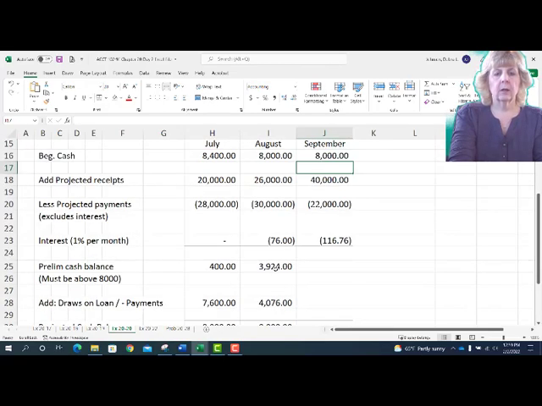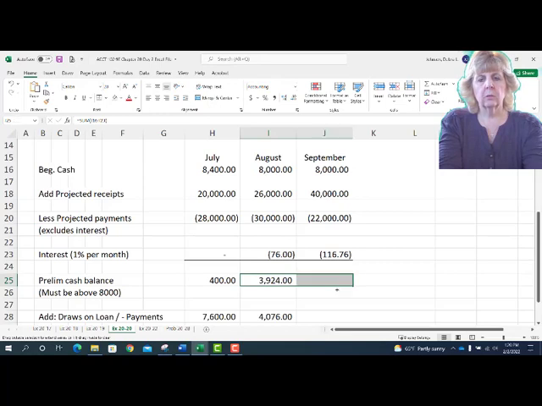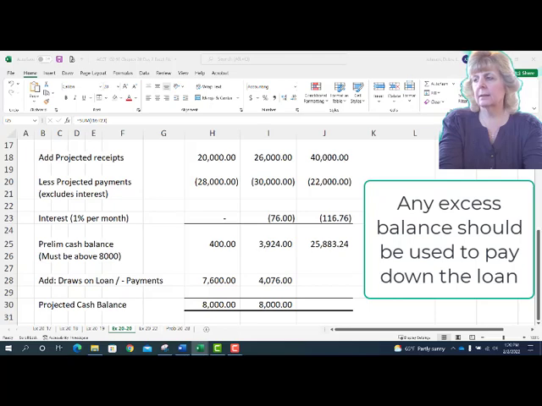And now we can go ahead and recompute our cash balance. Make sure that your recomputed cash balance matches mine. In this month, this is what the owner likes to see. We do have a suggested excess, and any type of excess that we find ourselves having, we will use to pay off the loan.